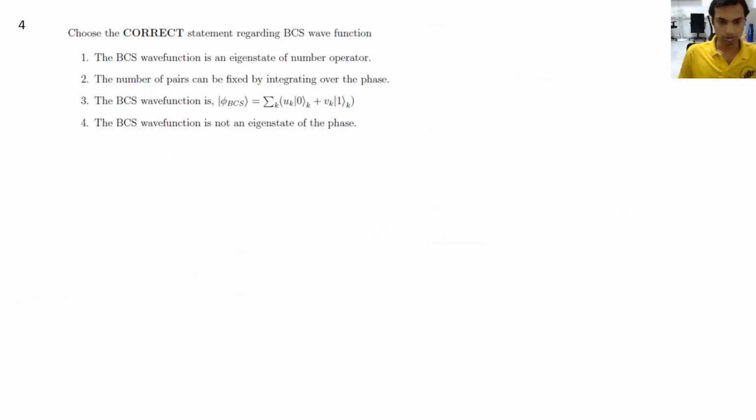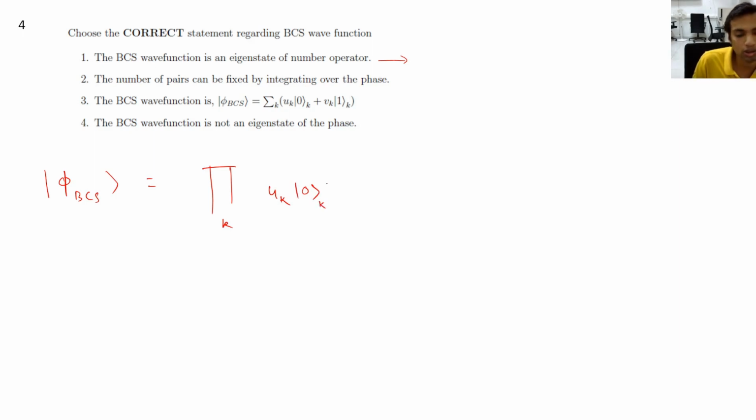Choose the correct statement regarding the BCS wave function. The BCS wave function is the product over all the Cooper pairs, where there are two states of each Cooper pair.